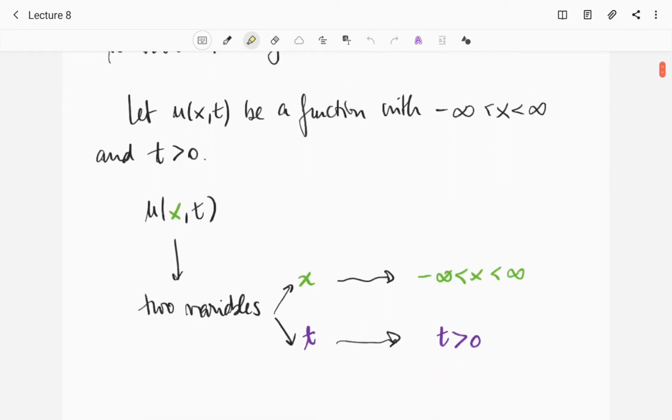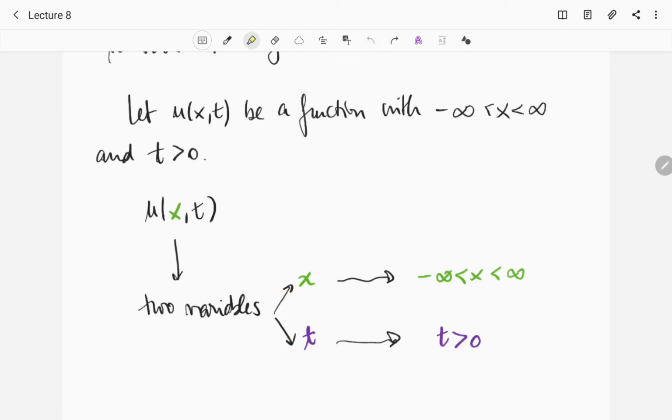Okay, so let u of x, t be a function with x taking any real number value and t positive. Here in this function u of x, t, we have these two variables, x and t.